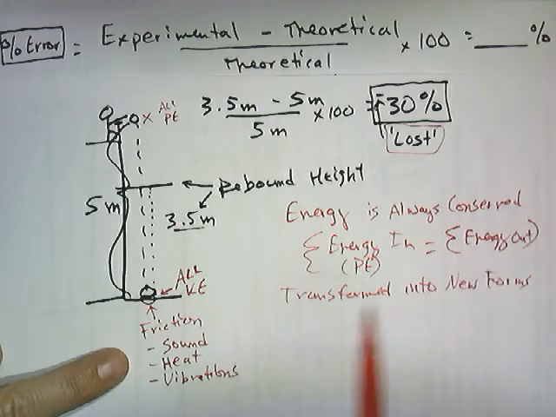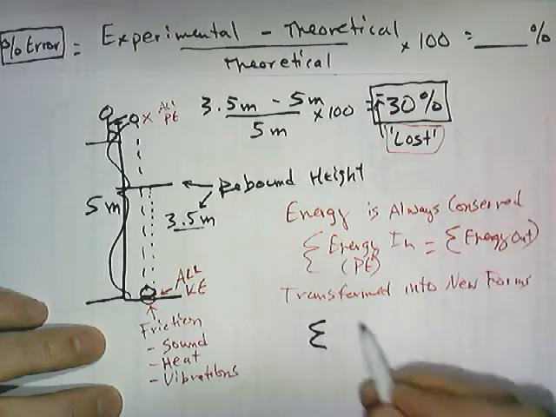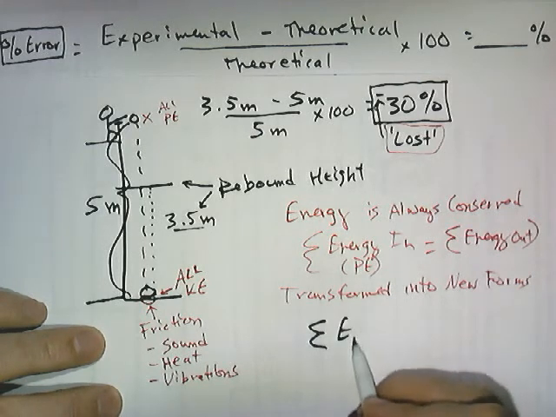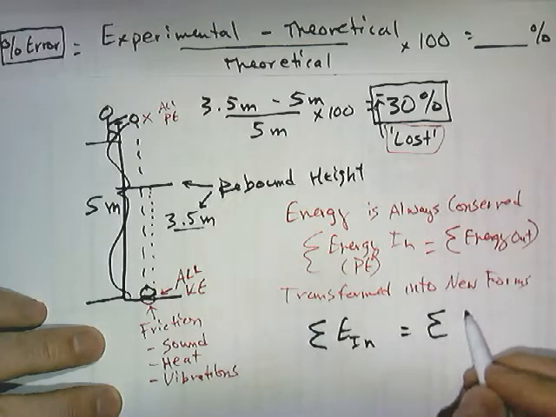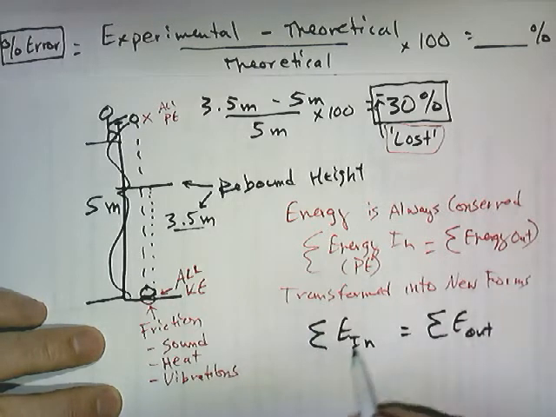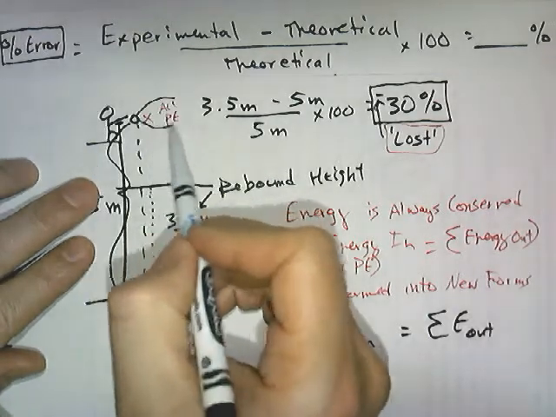And you might say, well, how do we get this? Well, here's what we're saying. My total energy in, the sum of my energy in, is going to equal my sum total energy out. My energy in is simply the total potential energy here at the beginning.